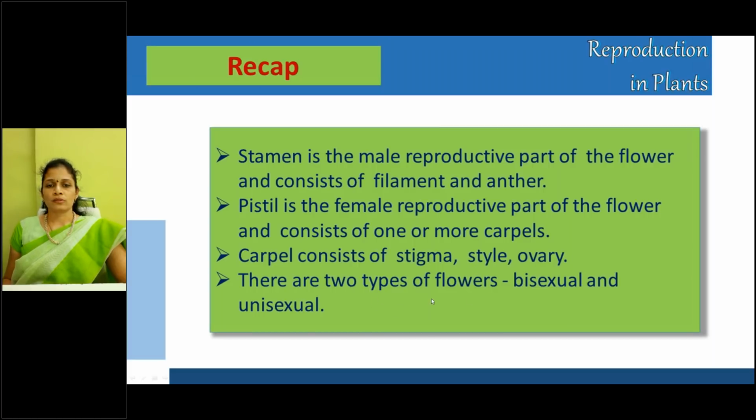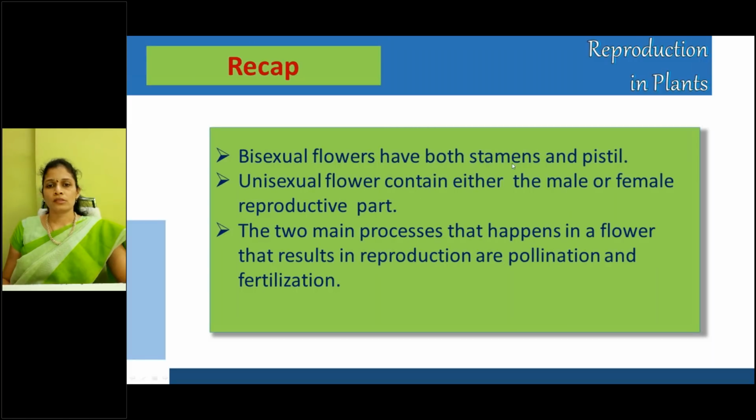There are two types of flowers, bisexual and unisexual. Bisexual flowers have both stamens and pistil. Unisexual flowers contain either the male or female reproductive part.